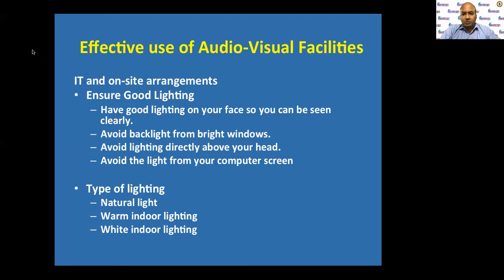They are not like spotlights, but they spread out the light in front of you, and as a result you get a uniform type of light. They are not very costly, I suppose, but it's a worthwhile investment since we are doing a lot of online teaching.